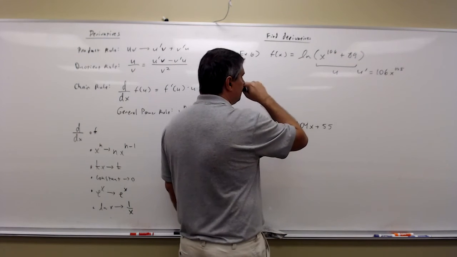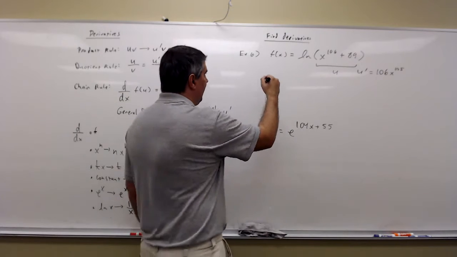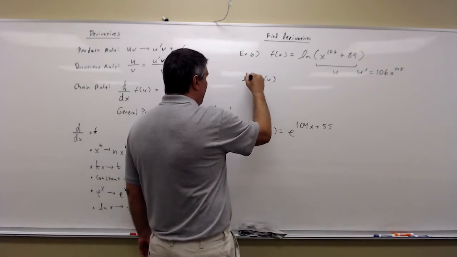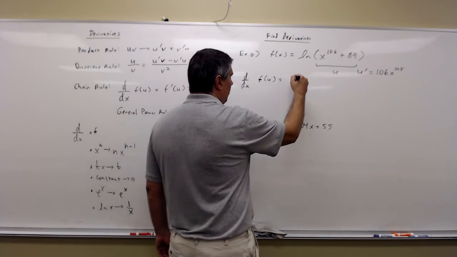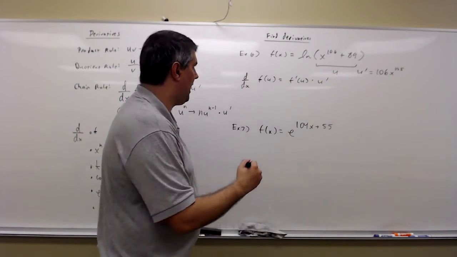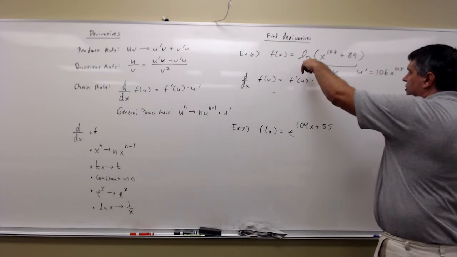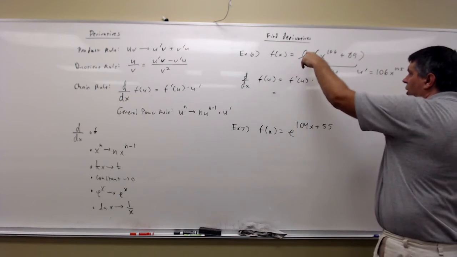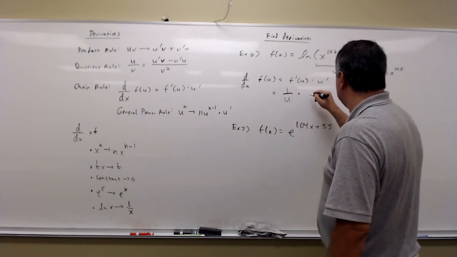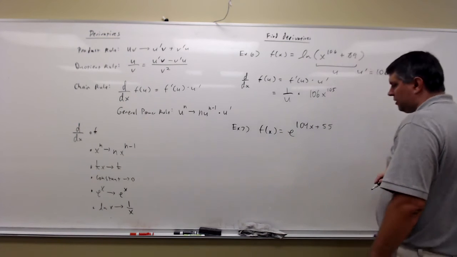So if f of u, d dx of f of u equals f prime of u times u prime. Well, the derivative of the natural log, because we're taking the natural log of u, would be 1 over whatever the argument is. So that's what we're dealing with here.